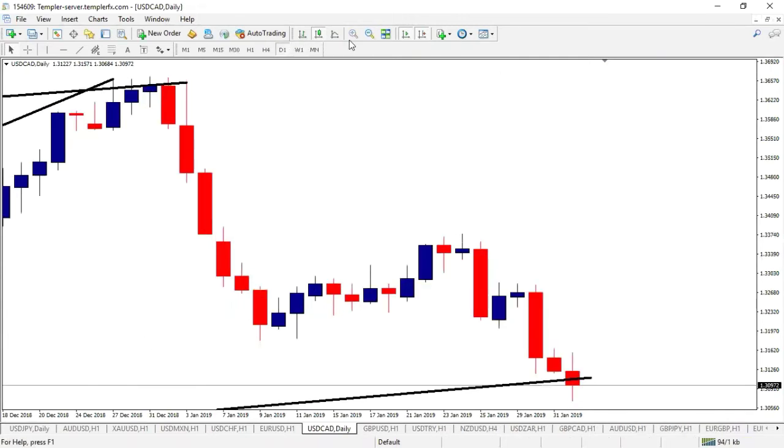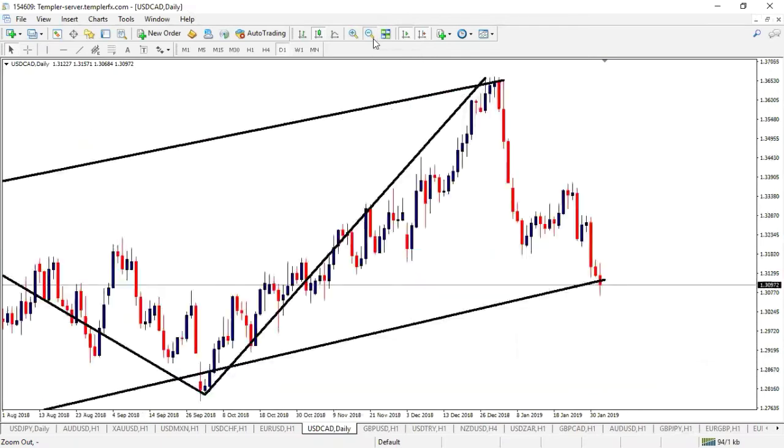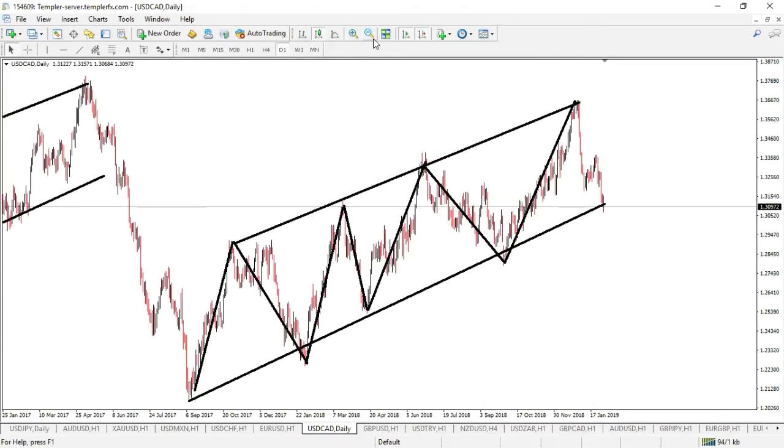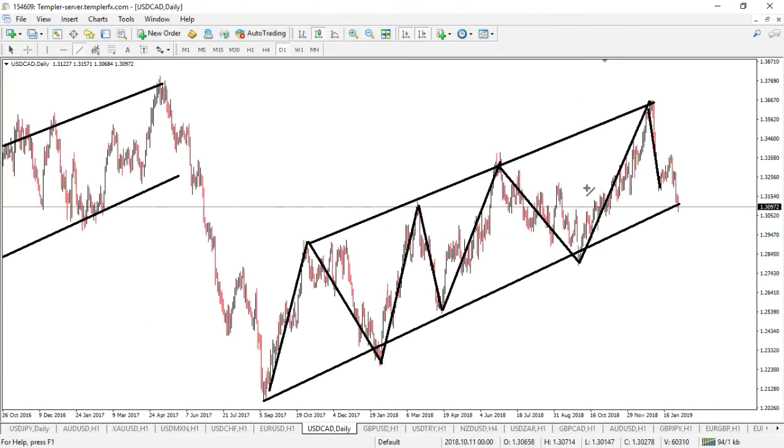What I see on the charts, my perspective, is that the market is going to break out from this point to this point.